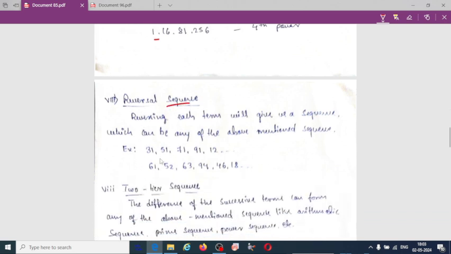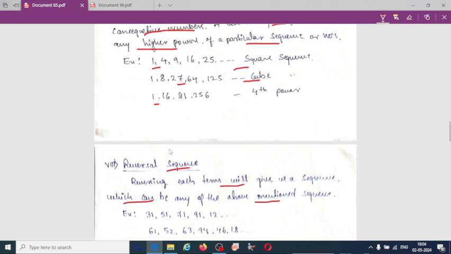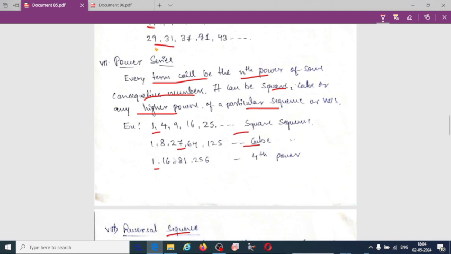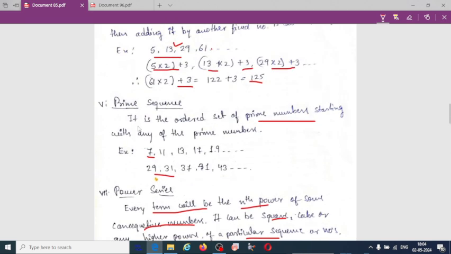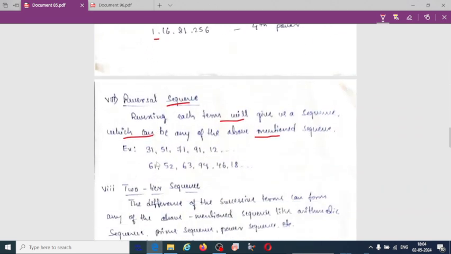Reversal sequence. In a reversal sequence, each term is given as a sequence which can be any of the above mentioned sequences. So you may take the power series or any of the sequences, prime sequence, any of them. Reversal means if you reverse the number 13, 31, 15, 51, 17, 71.